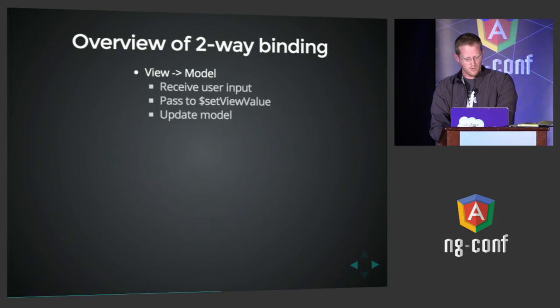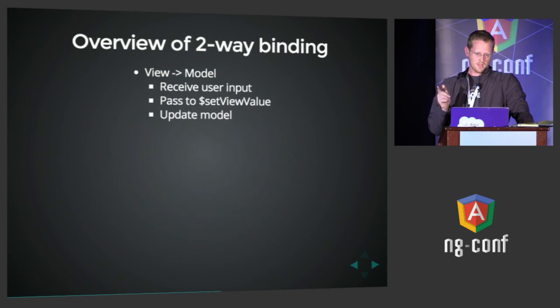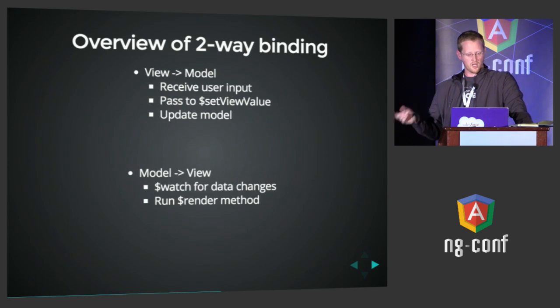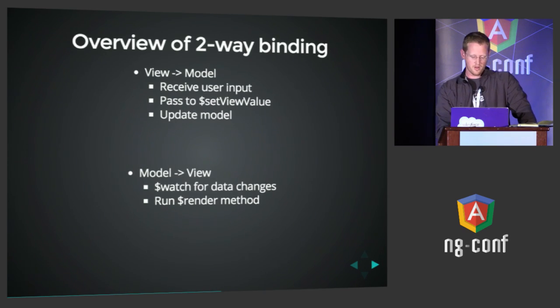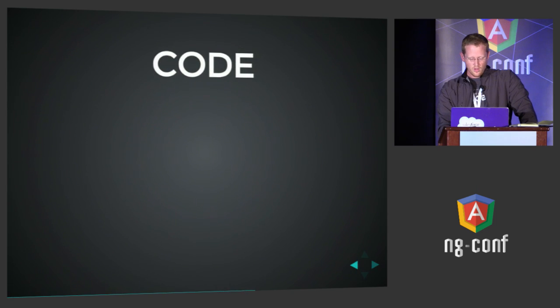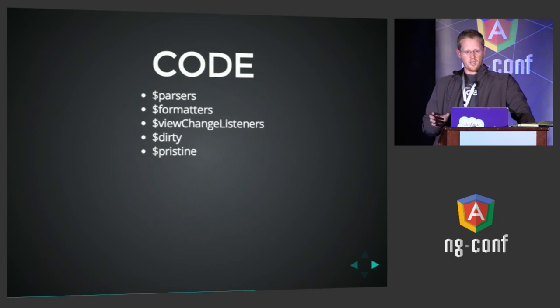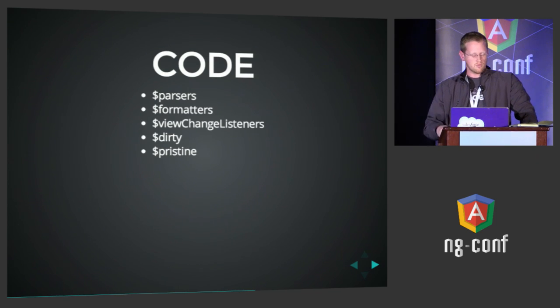So again, from the view to the model, we receive user input, pass it to setViewValue, and update the model. From the model back to the view, we watch for data changes and run the render method. Then there are these 5 properties on ngModel that you generally are going to want to get familiar with. Parsers, formatters, and view change listeners. All 3 of these are arrays.